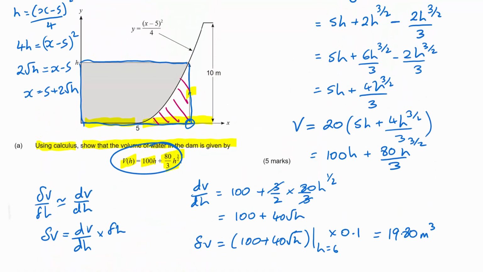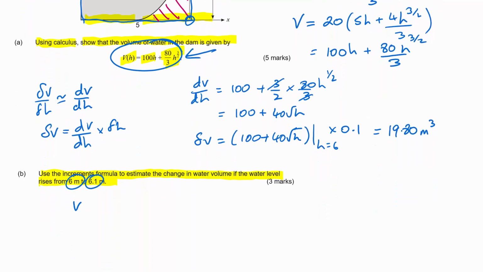Okay, so we're looking at 10, but we've got our volume here. So the volume at 10 is going to be 100 times 10 plus 80 over 3 times 10 to the 3 over 2. And calculating that gives us 1843.27. But remember, there was already 1,000 in there.